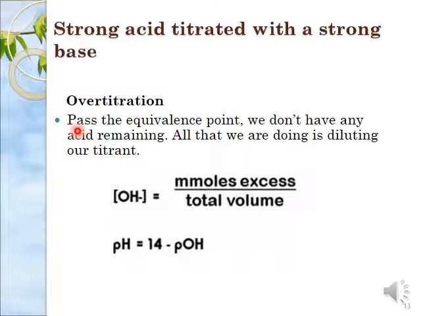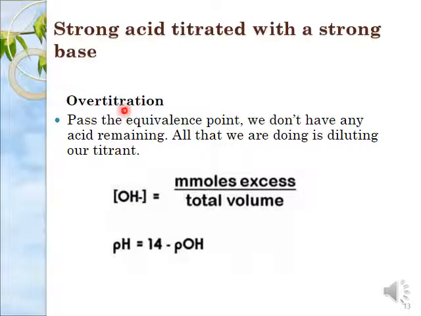Next is over titration. So what happens when you over titrate? When you over titrate, it means your titrant now becomes in excess. So when your titrant is in excess, this is the formula you use. Now your titrant is a strong base, so this is the formula to calculate the concentration of base.